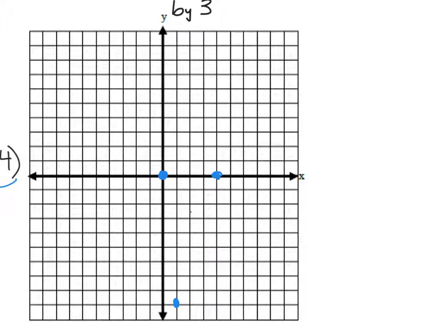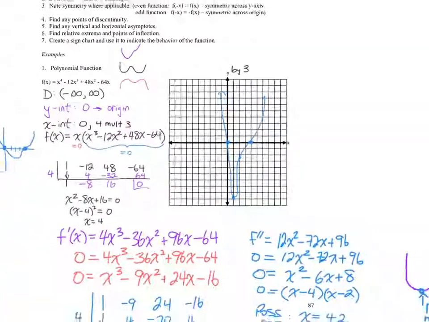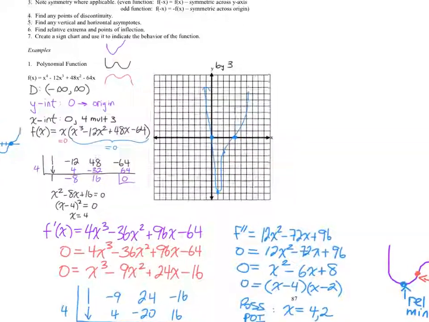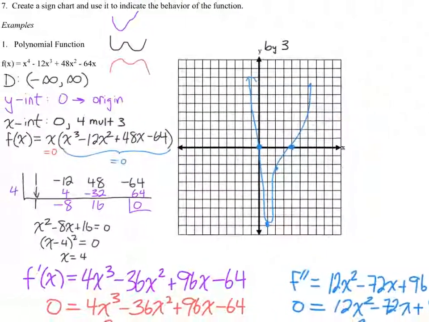So 3, 6, it'd be like, meh. All right, so it's going to be pretty skinny. So that's generally what your graph would look like. Crappy drawing aside. Maybe like right there.